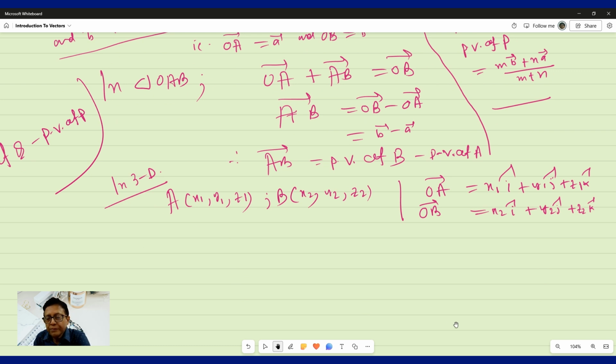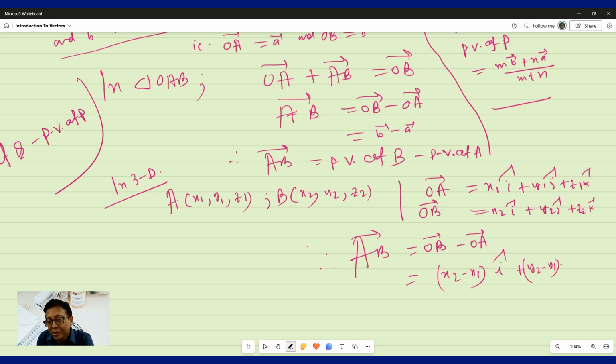Then AB vector is what? AB vector equal to OB minus OA. You just subtract: x2 minus x1 i, y2 minus y1 j, and so on.